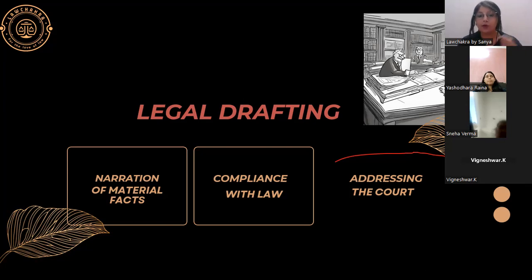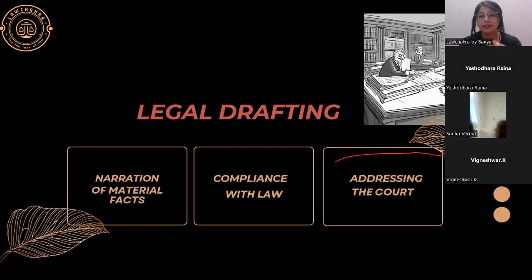And that is why this law is applicable to this particular case. And you have complied with the law to file this particular suit. You are within limitation. The court has jurisdiction. You are giving all of those declarations. And you are addressing the court. That is basically what you have to worry about, what you have to be concerned about when you are drafting.